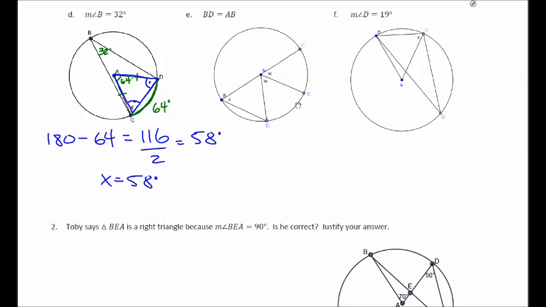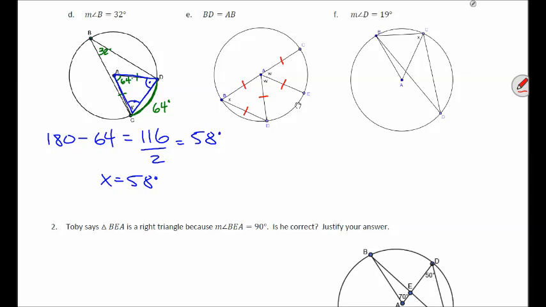Okay? In letter E, we're told that BD is equal to AB. Now, what that also means, because AB is a radius, is that this is also the same as AB, and this is the same as AB, and this is the same as AB.